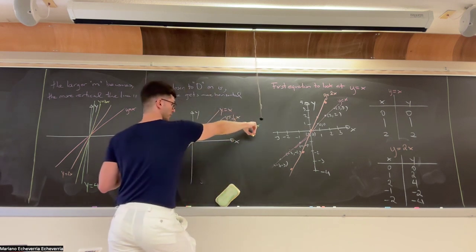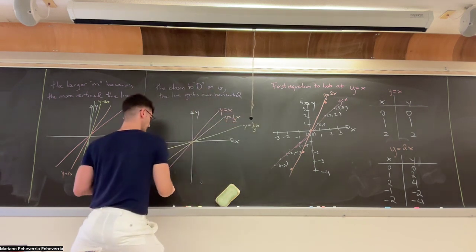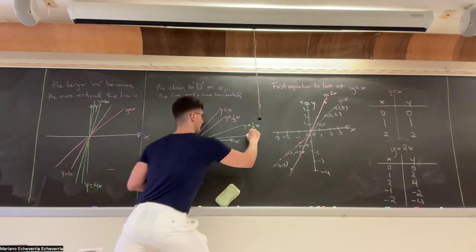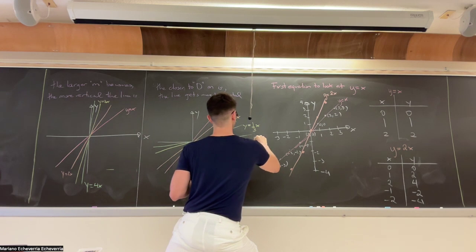So these numbers are getting closer and closer to 0. And then it would be y equals 1/4 x.